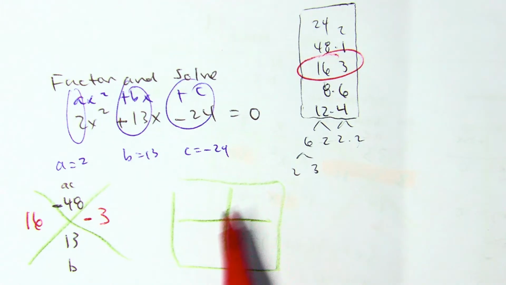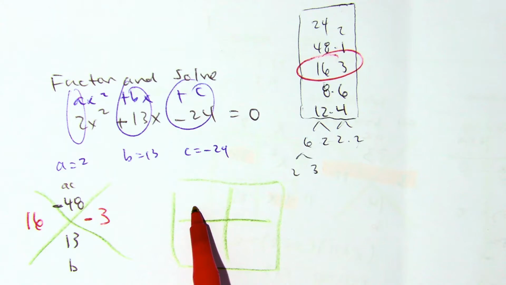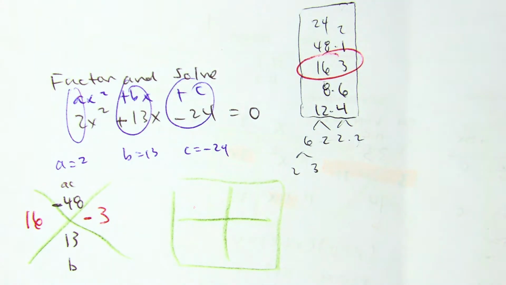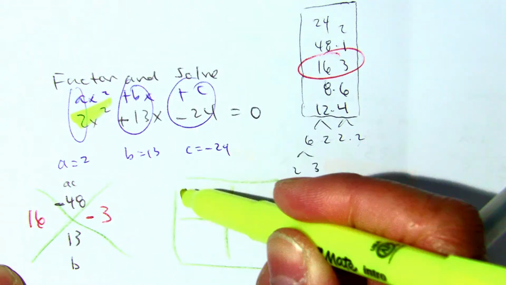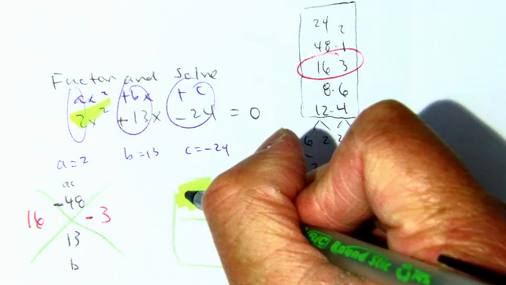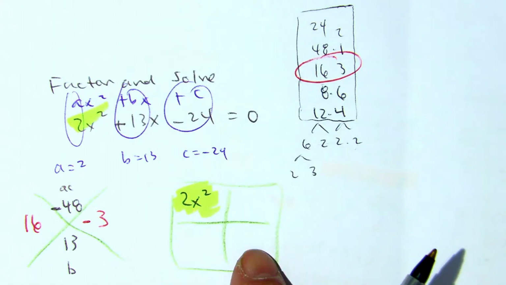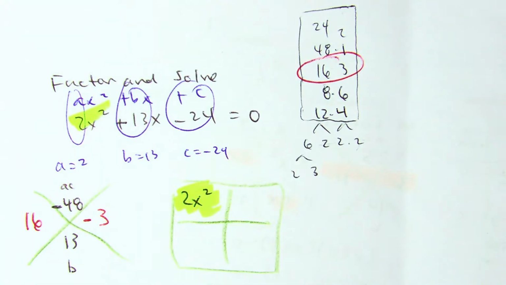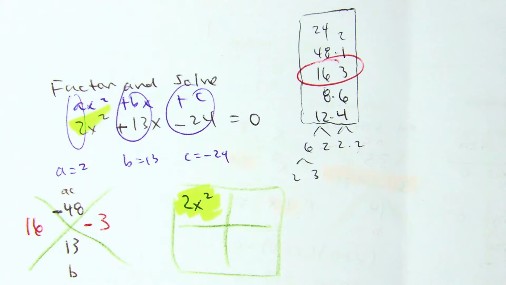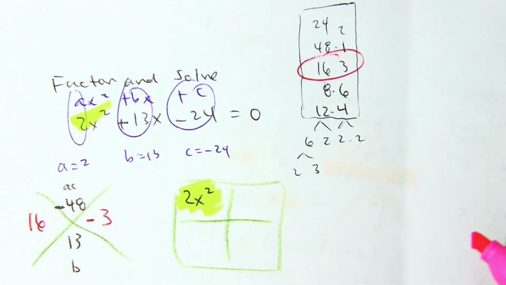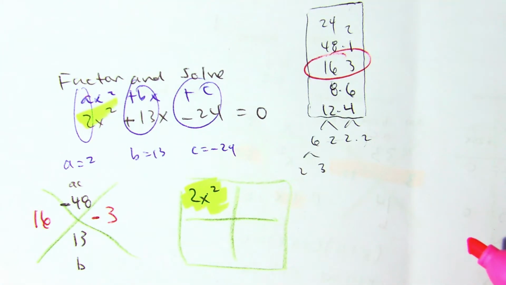George, what always goes in the top left? Yeah, 2x squared. This will always go there. George, what always goes in the bottom right? 13x or negative 24? Good.